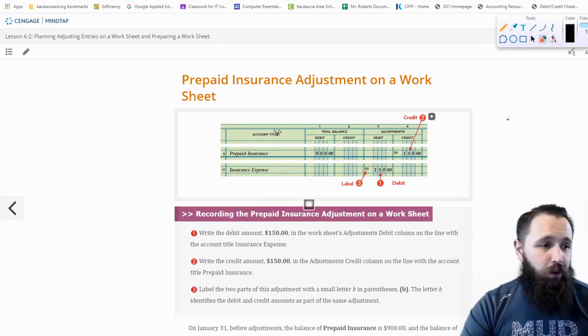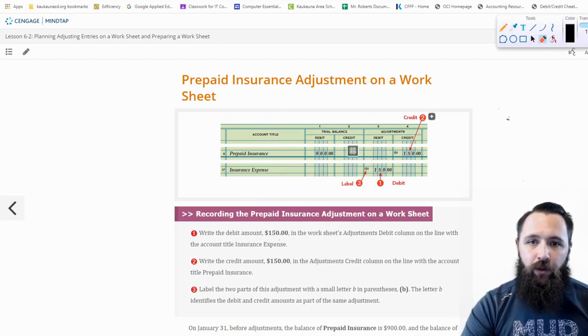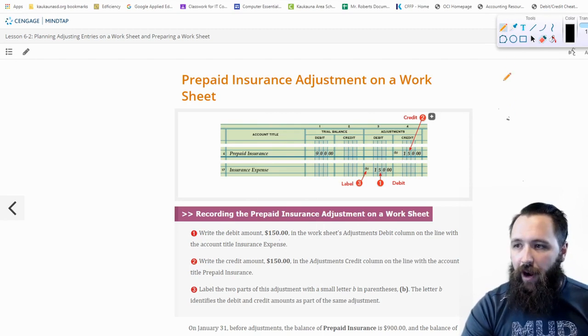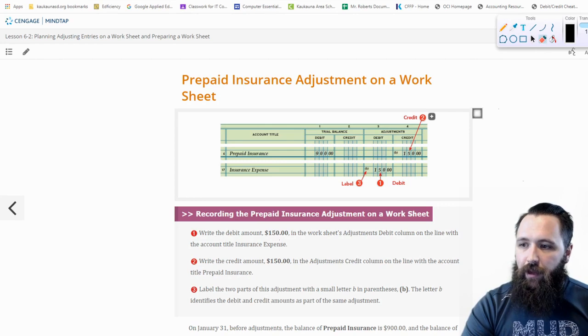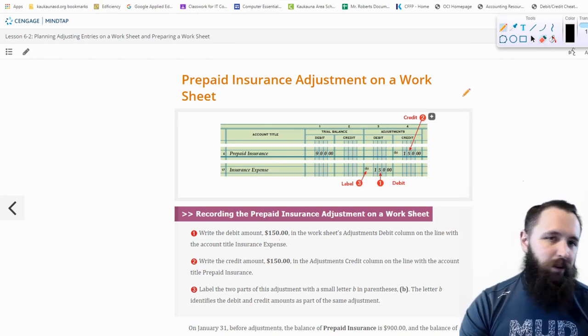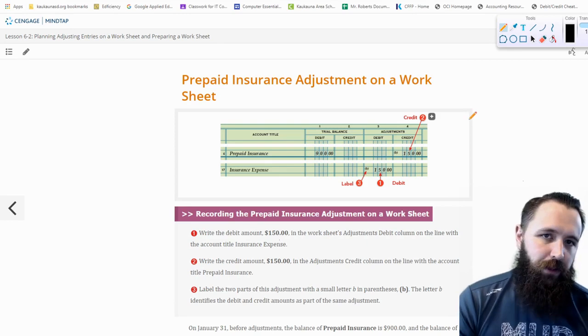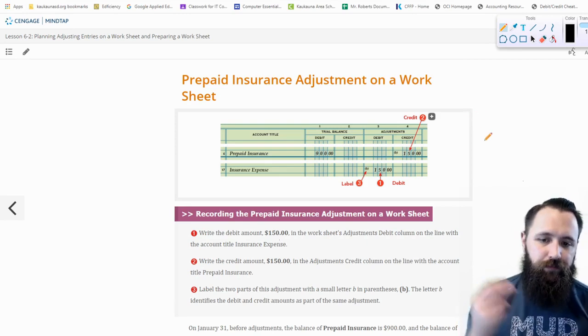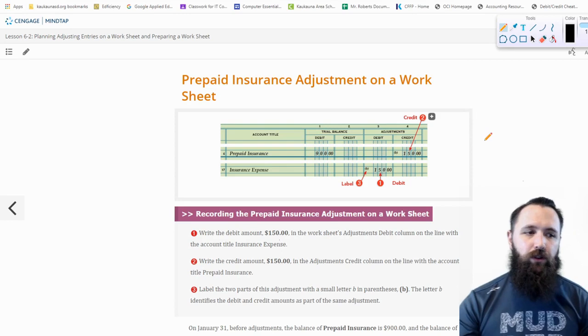It might take one or two times running through the worksheet to really get this, and that's fine. That's why we do the practice. Sometimes going through the concepts without actually doing it can be a little bit difficult, but it's a good little thing to get your brain clicking so you know what's going on.